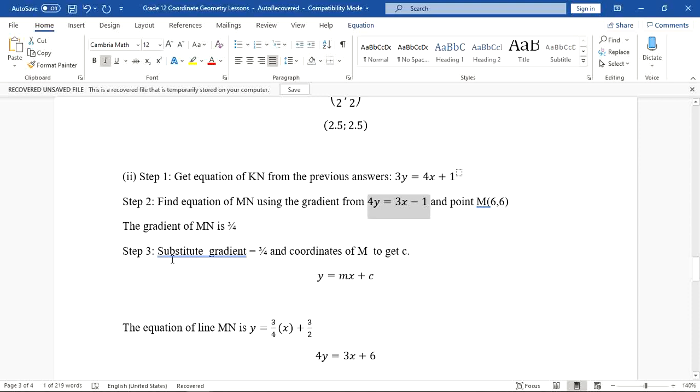And then in step number 3, you substitute the gradient, which is 3 over 4, and the coordinates of M to get the C. Let's quickly do just that.